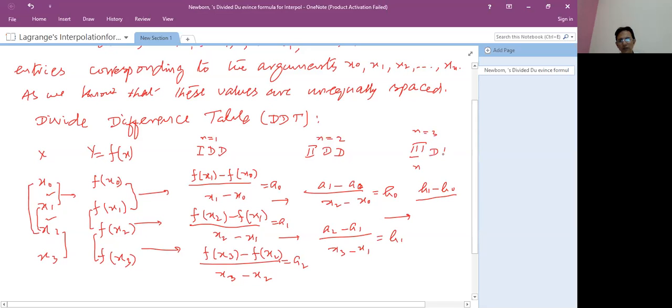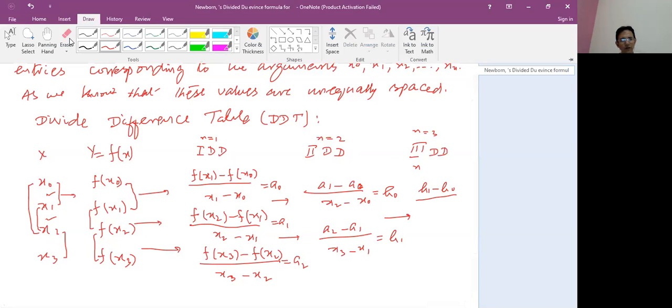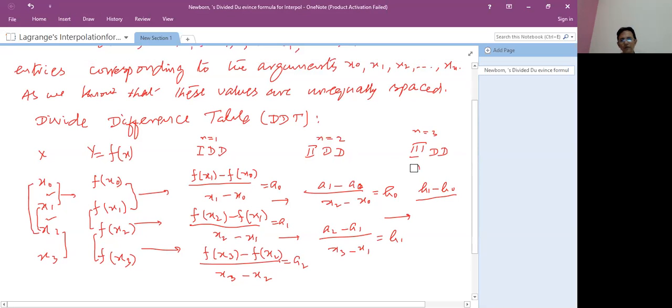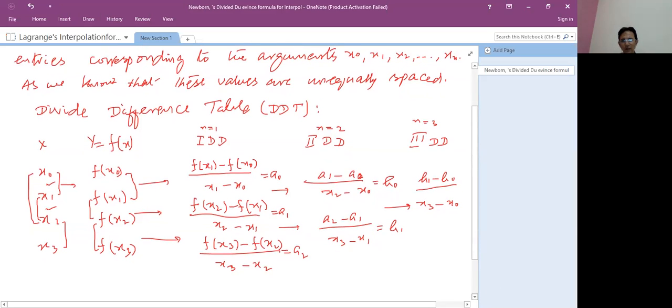So the third DD means when we consider the value of n as 3.